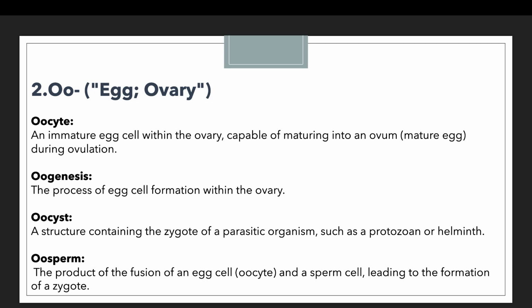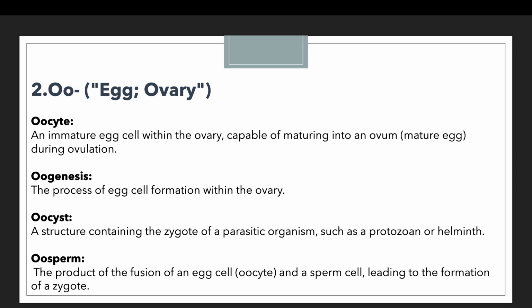As I told you previously, whenever the suffix, the word at the end, is genesis, it denotes the process of formation or development. So the process of egg cell formation within the ovary is denoted with oogenesis.